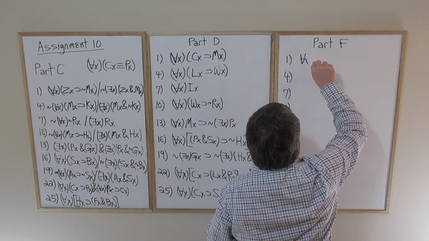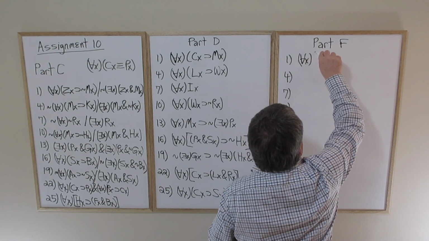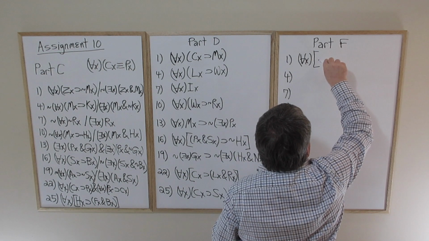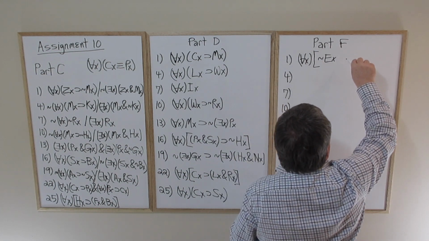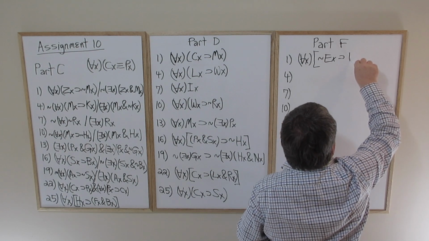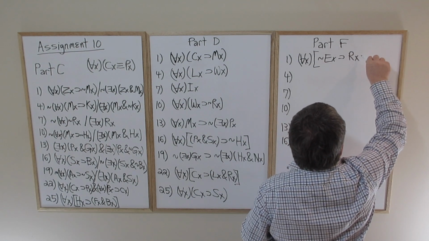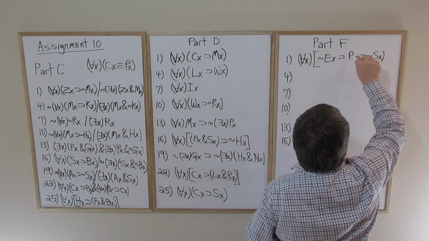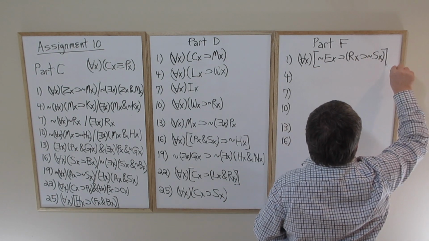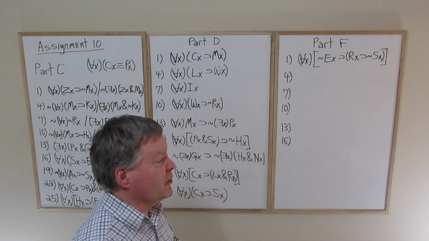All X are such that if X is not equilateral, then if X is a rectangle, then it's not the case that X is a square.